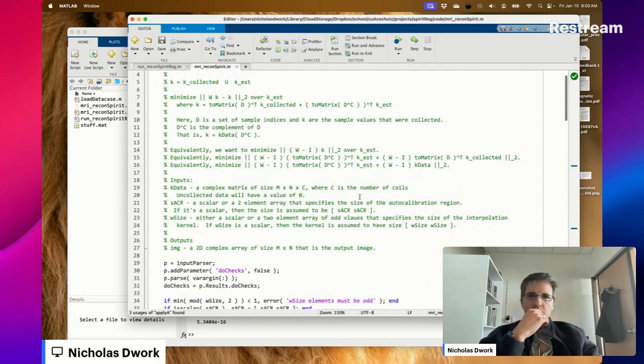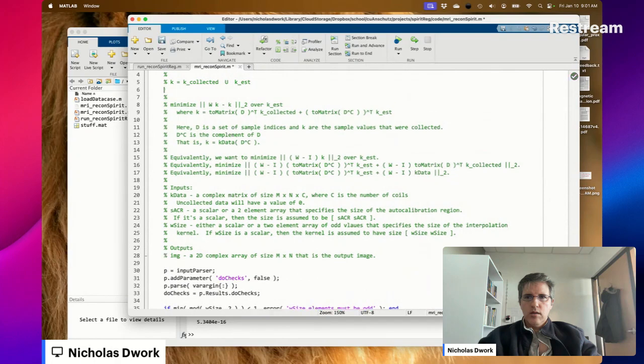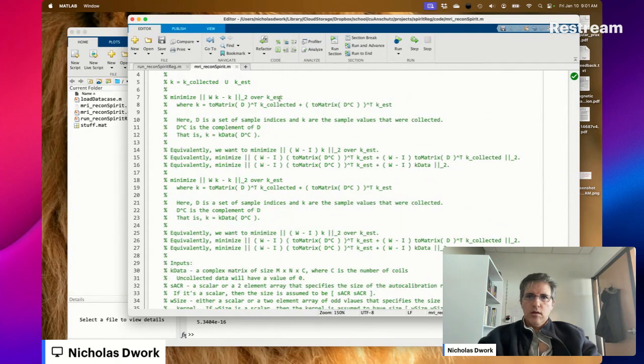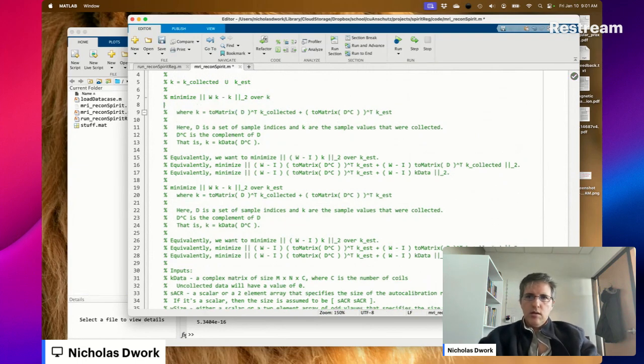Because we're now changing this to over K, subject to the norm of K minus K collected being less than or equal to epsilon.